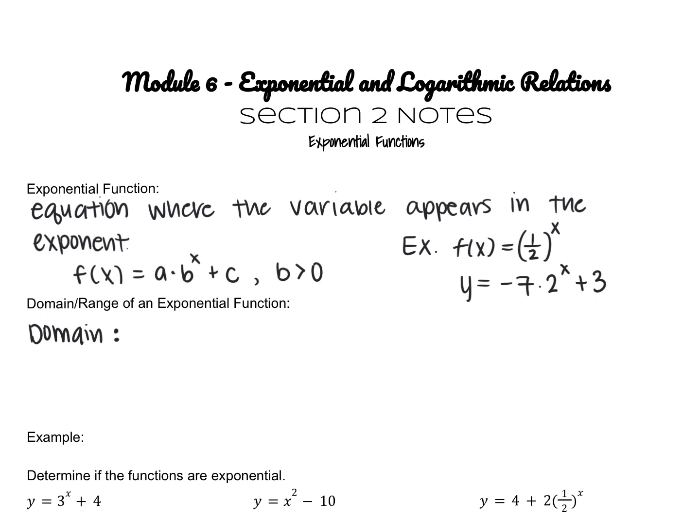And the answer is no. So the domain is all real numbers, which we write using interval notation, and we say the domain is from -infinity to infinity, because I can plug in any number in for x in an exponential function. There are no restrictions.